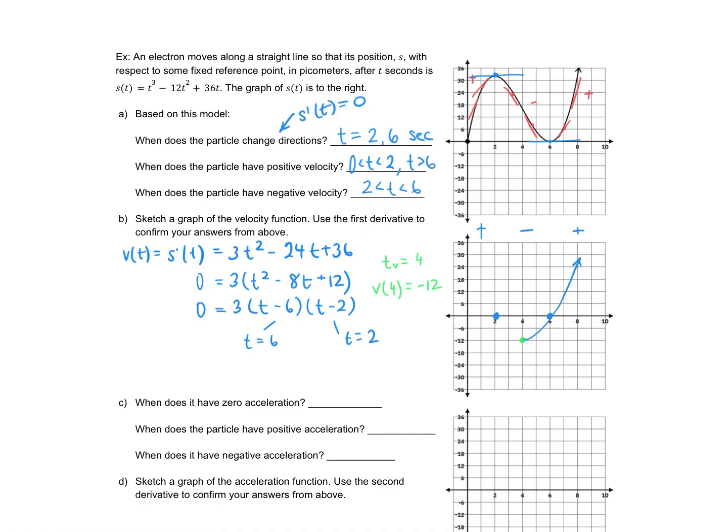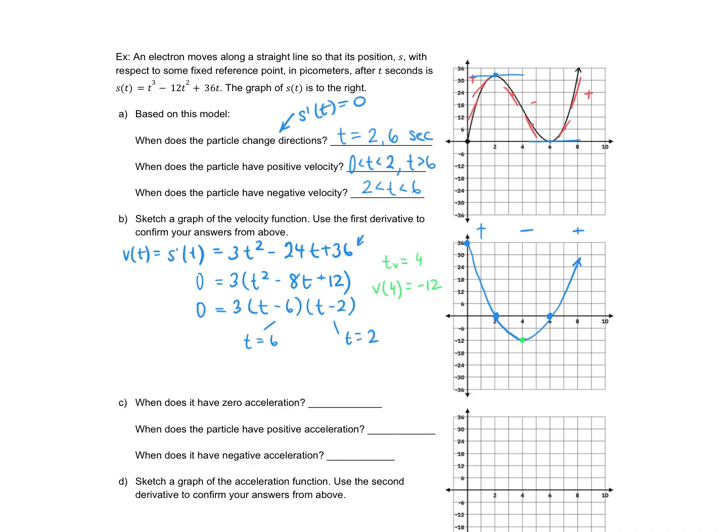And connect the dots. And it verifies the fact that we should be positive between 0 and 2 and from 6 onwards. Actually, I also know that the y-intercept is 36 from right here. So I can do that as well, because we're not going to have less than 0 for time.